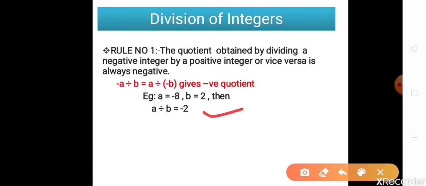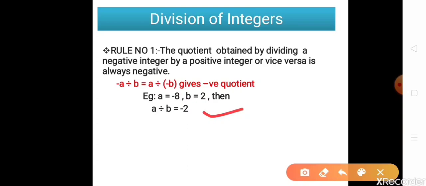Alright, now alternatively you can also state this rule as: when we divide a positive integer by a negative integer, or vice versa, we first divide them as whole numbers. Now I hope all of you know what a whole number is, and then put a minus sign before the quotient.